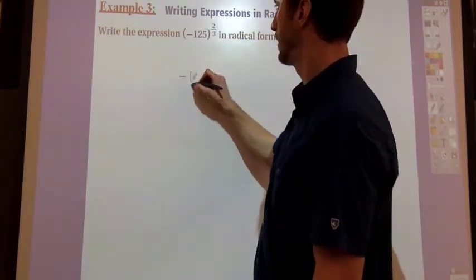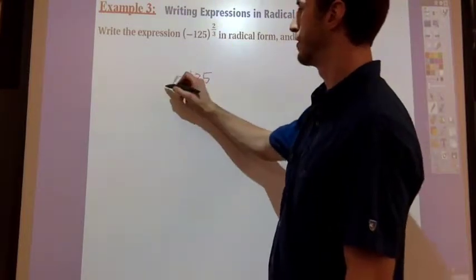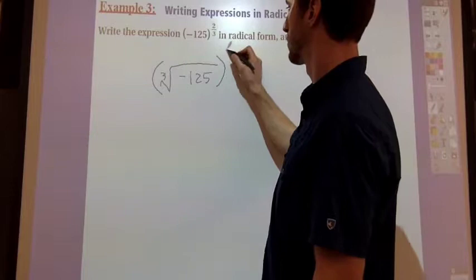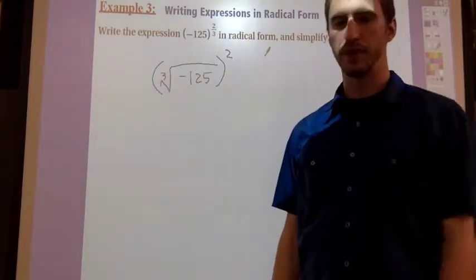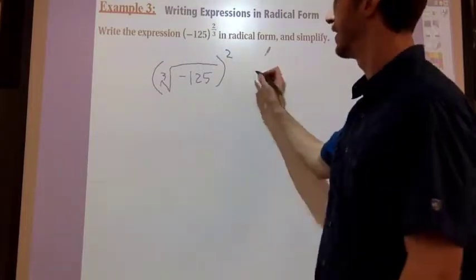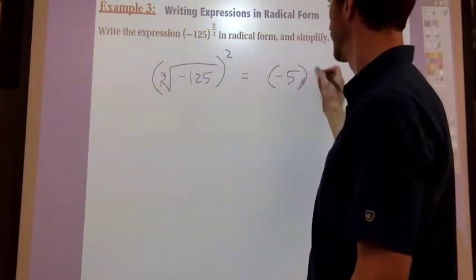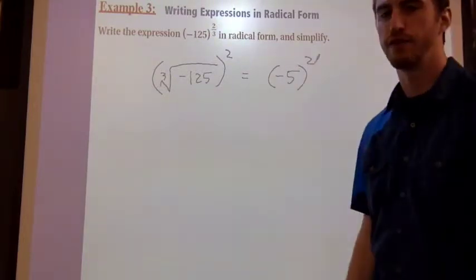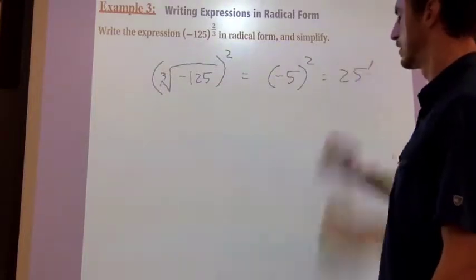Let's write negative 125, and then we're taking the third root, and then we're going to square it. So if we take the third root of negative 125, we're going to get negative 5. Okay, that's all on the inside of my parentheses. And then if we square negative 5, squared is going to be equal to 25.